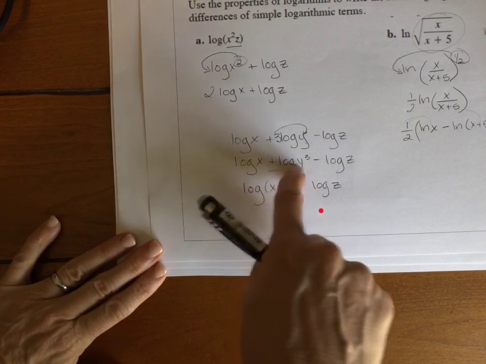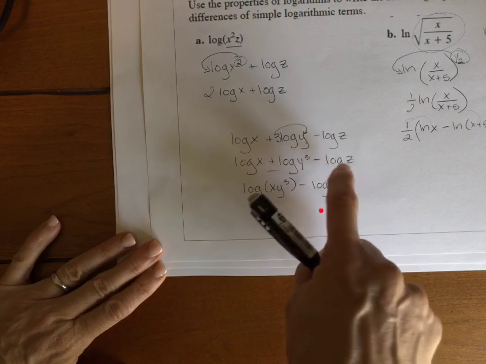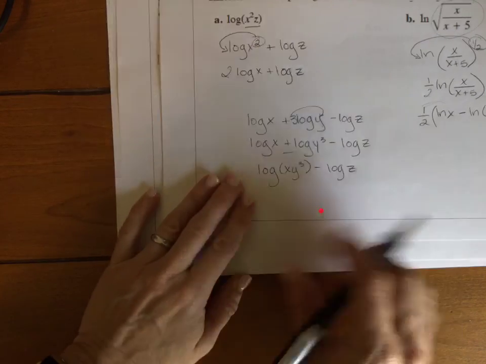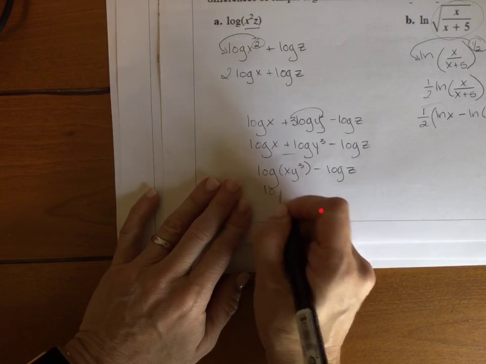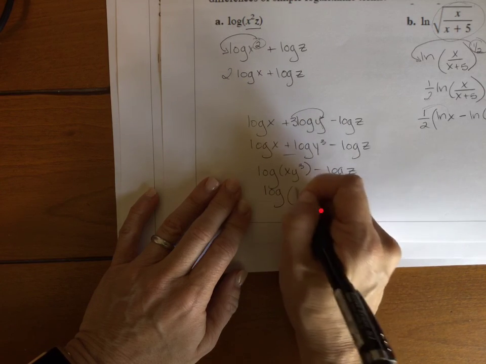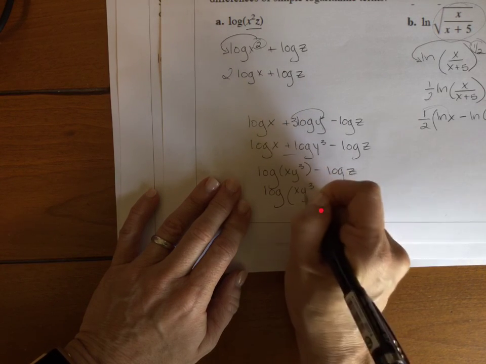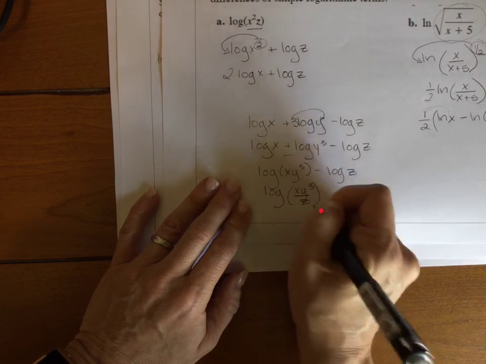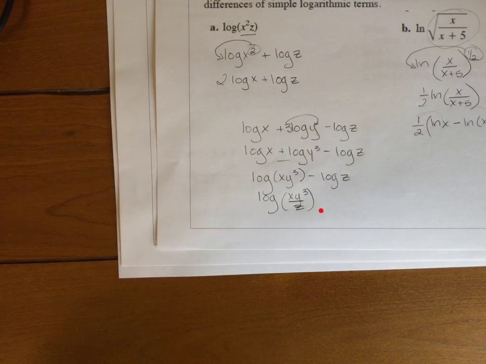So notice how I multiplied these two first. Now I'm going to do division, where my final answer should have been log of xy cubed divided by z, all in one term. It wouldn't be divided by log z, it would just be xy cubed over z.